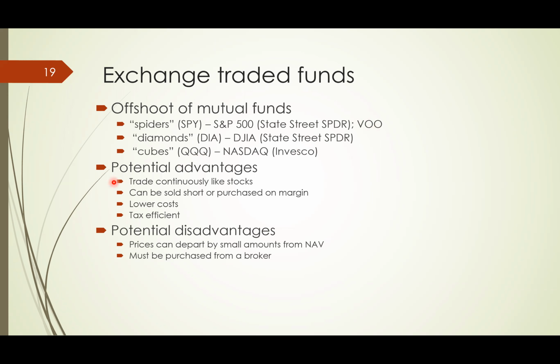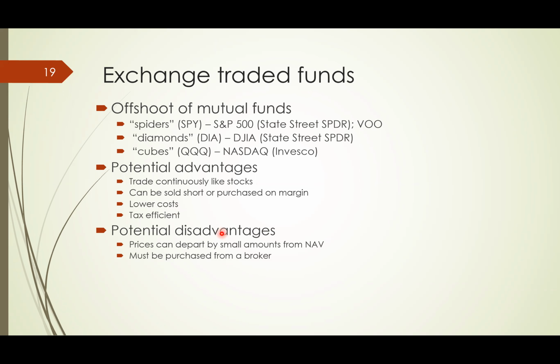The good thing about ETFs is they can be traded continuously like stocks, so they have fair liquidity, and they can be sold short or purchased on margin. They have lower cost relative to trading individual stocks, and they're also tax efficient because they're not required to distribute their income to trigger capital gains tax.